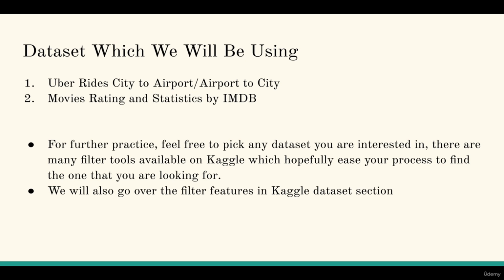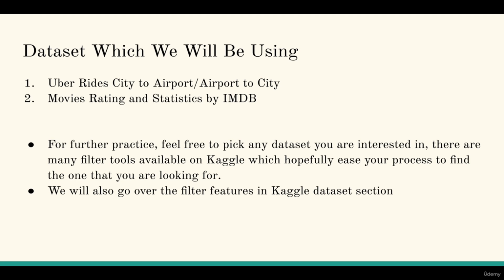Okay, so datasets that we'll be using. I personally picked 2 different datasets. The first one is Uber Ride City to Airport or Airport to City, vice versa. The second one is movies rating and statistics by IMDb. Okay, if you notice that I picked two different datasets, and those two datasets are not related to each other, right?